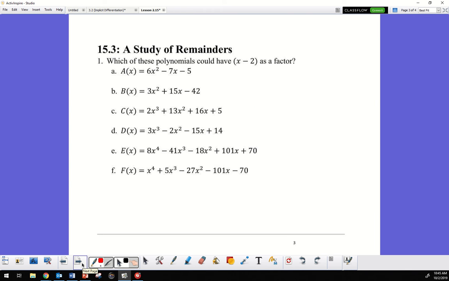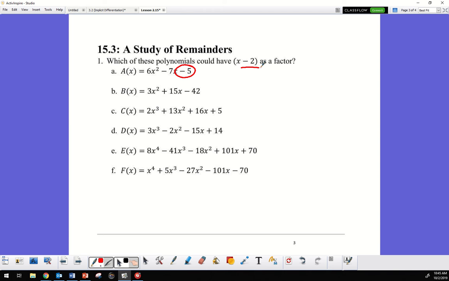All right, so which of these polynomials could have this as a factor? We talked about this yesterday in yesterday's notes. So, what am I working with here? And what do I have? So, is it possible to have that be a factor? No. Why? Because it's an odd number.